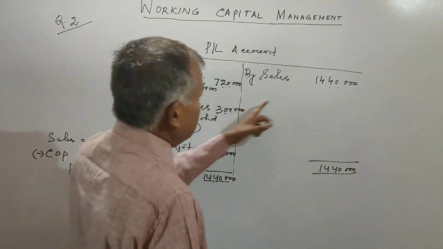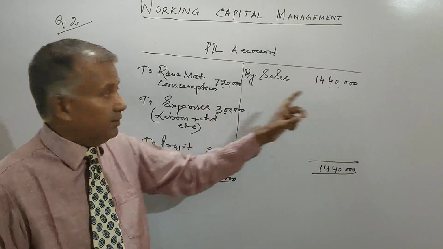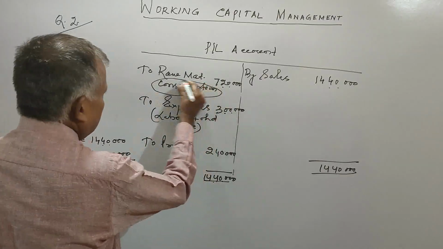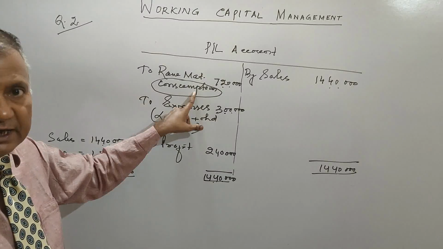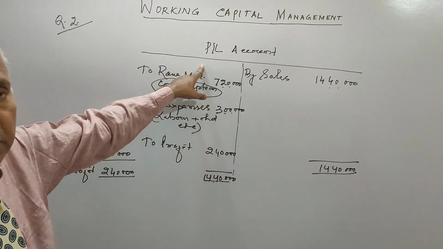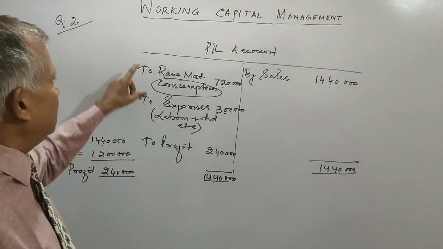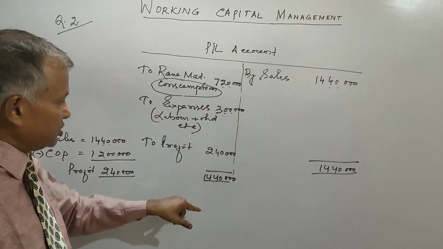There is no need to take the opening stock and the closing stock here, because we have taken the consumption. Opening stock and closing stock have already been considered here.